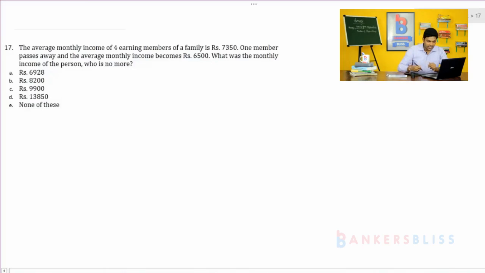So when the person is in the family, the average of the 4 persons, A, B, C, D, was 7,350. So all the 4 are having 7,350. If the person passes away, the average is reducing to 6,500.